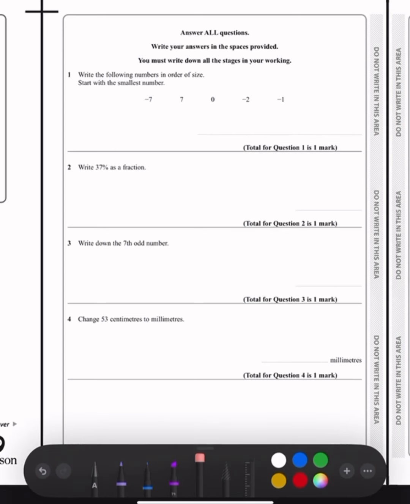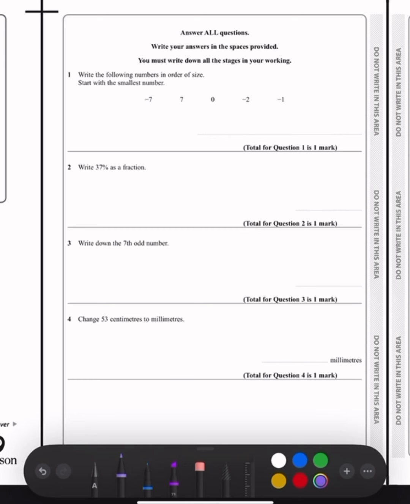Okay, so our first question is: write the following numbers in order of size. Start with the smallest number. As we know, the negative ones are the smallest. We've got -2, -1 and -7. The bigger the number is in the negative, the smaller it is overall.